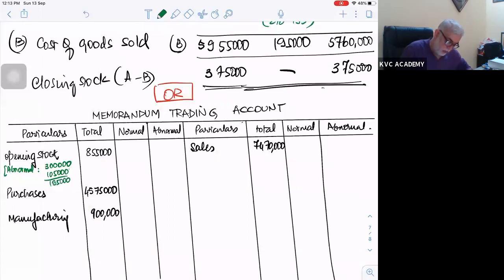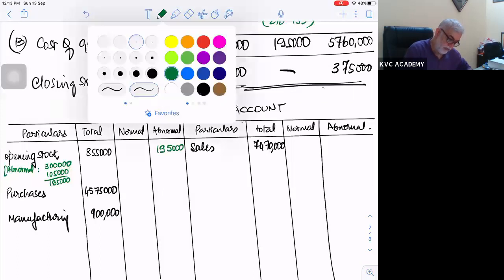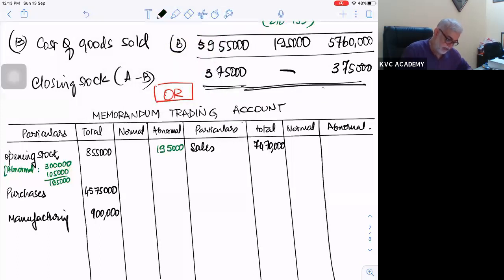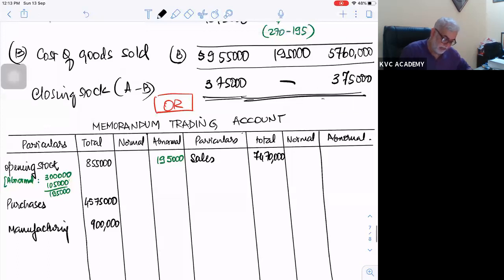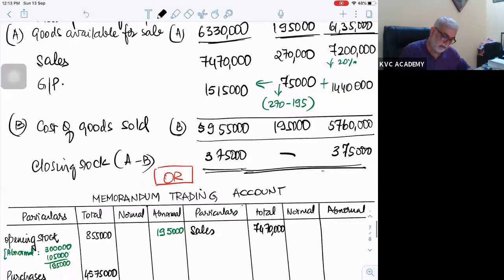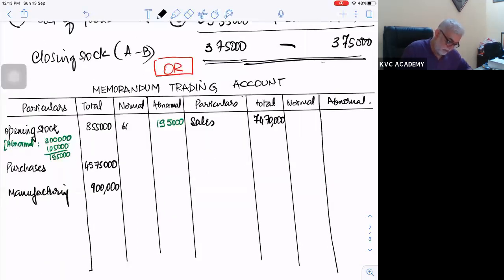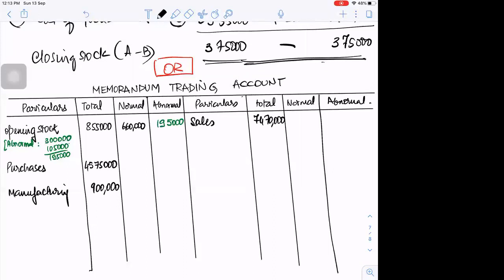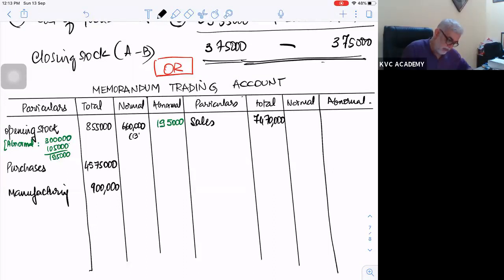So I'll put 195 here. Therefore, this one becomes the balancing figure. So 855 minus 195, how much? 6,60,000. This is nothing but the balancing figure.